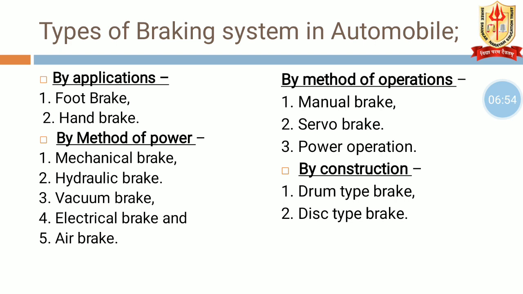So this is how we classify on 4 bases: by application, foot and hand brake; by the method of power, mechanical, hydraulic, vacuum, electrical, and air brake; by the method of operation, manual brake, servo brake, power brake; by the construction, drum type and disc type brake.